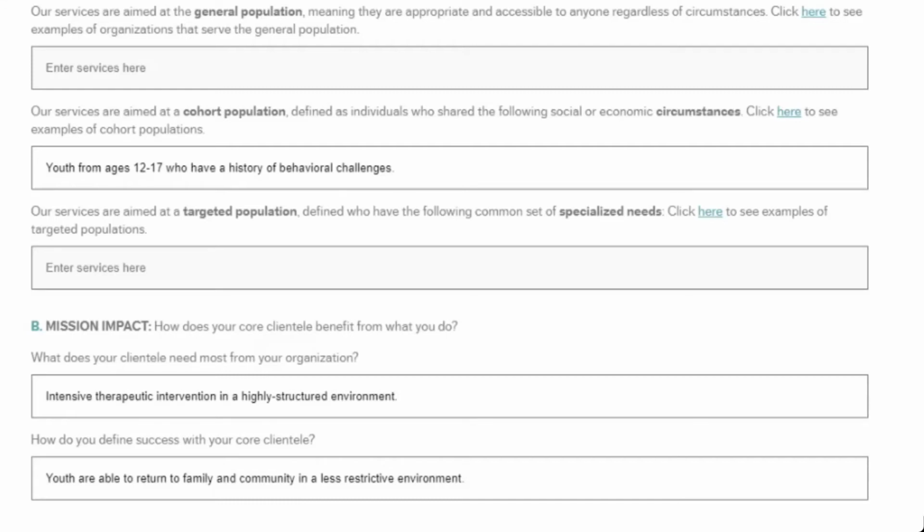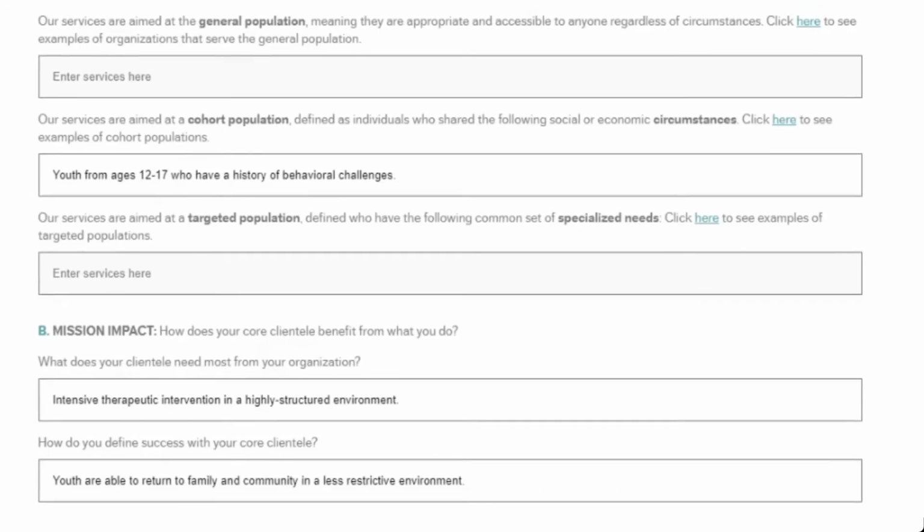So for the OASIS, what their clientele need most from them, they describe as intensive therapeutic intervention in a highly structured environment. The second piece of that is how do you define success with that core clientele? So again, we're getting at your impact. And for the OASIS, they define their impact as youth being able to return to the family and or community in a less restrictive environment.